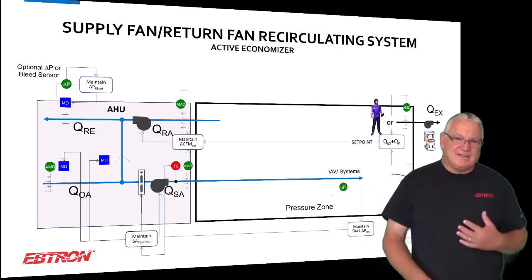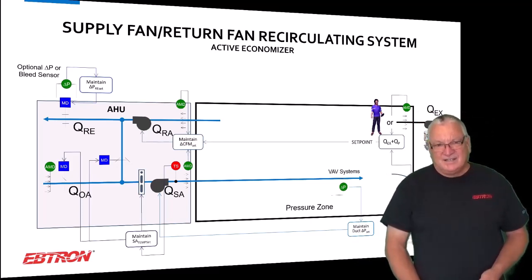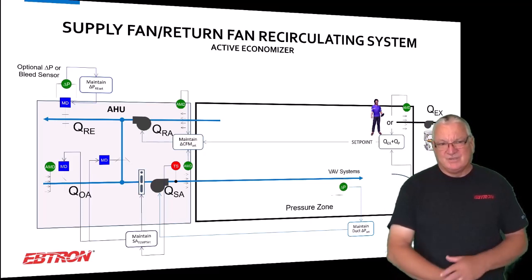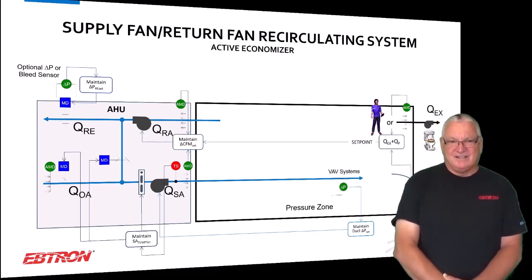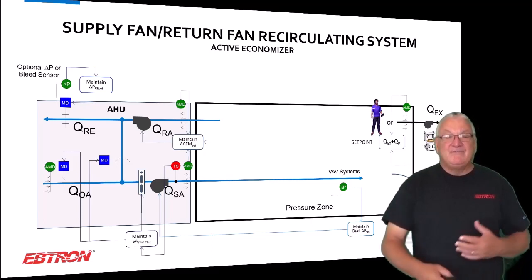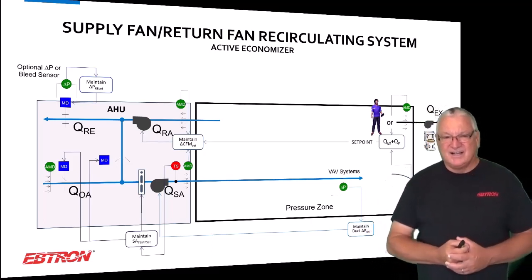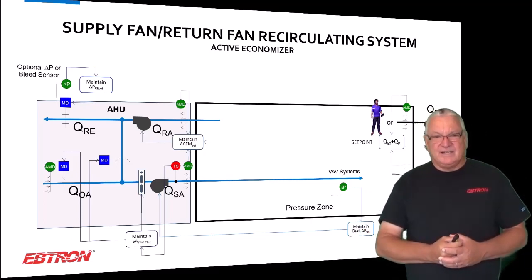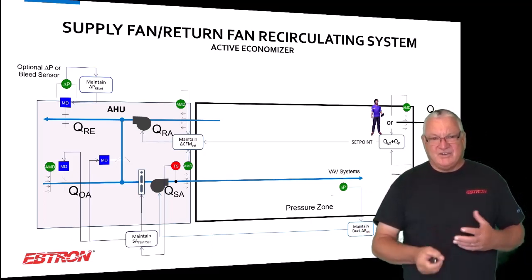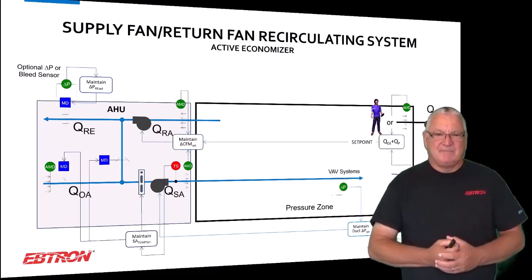Okay, so now we're actively economizing. What's the difference? The biggest difference is where our outside air is being controlled. If we're in a modulating portion of the economizer, the outdoor air is being changed to maintain supply air temperature set point.